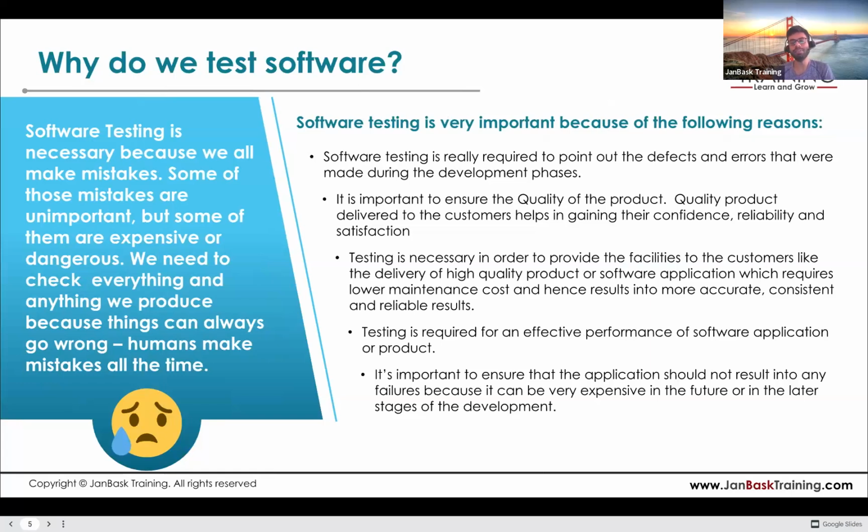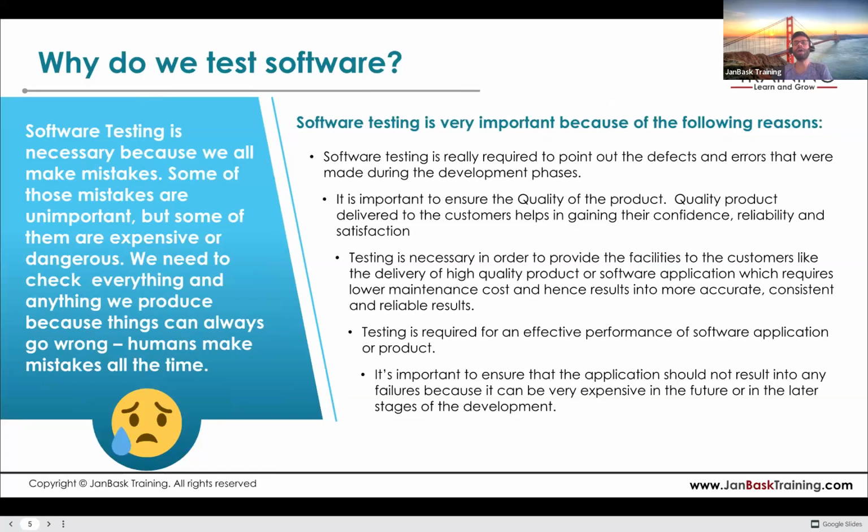As a software tester, we need to find those deviations and raise them, and then the developer needs to fix those defects or bugs. And once those bugs are fixed, at that time you need to retest.